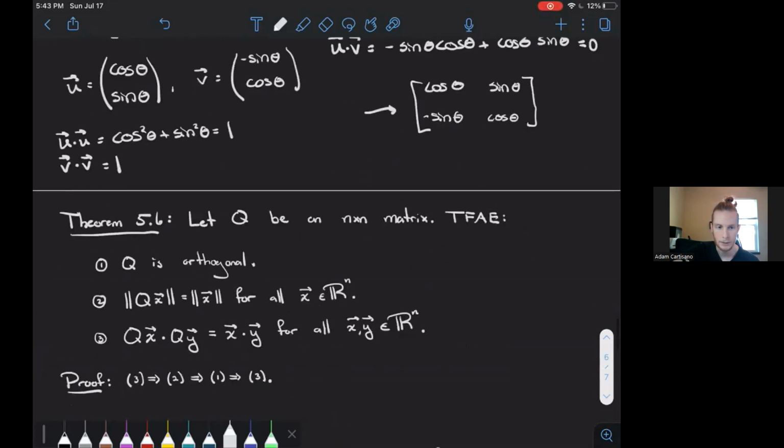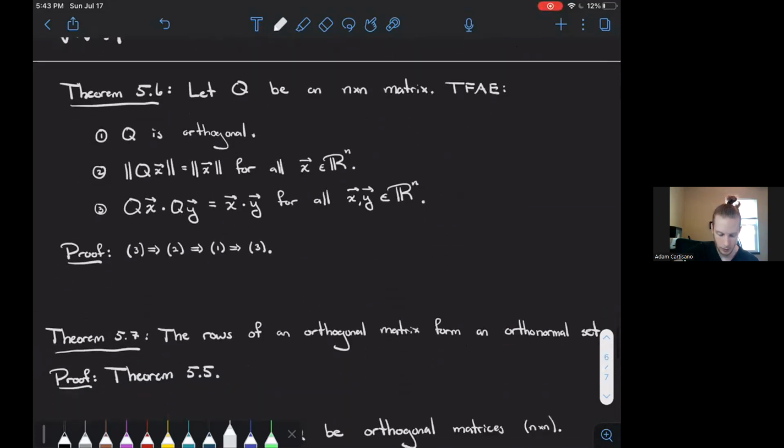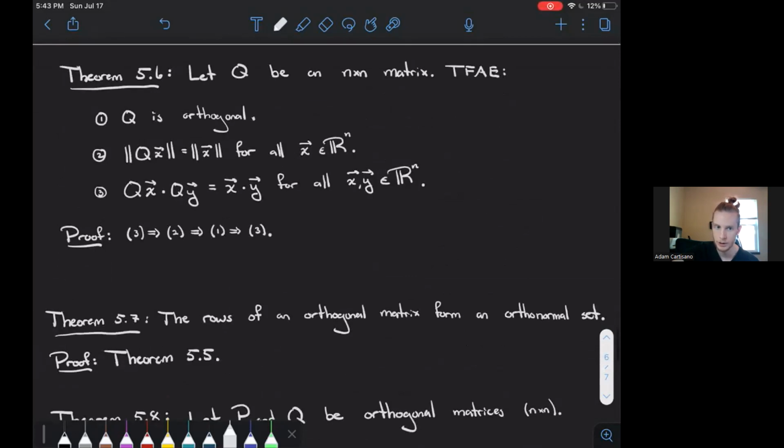Okay, so we have some properties of orthogonal matrices, and then we'll call it. Let Q be an n by n matrix. The following are equivalent. Q is orthogonal, or the norm of Q times X is the same as the norm of X. In other words, orthogonal matrices always preserve length for every X in Rn.